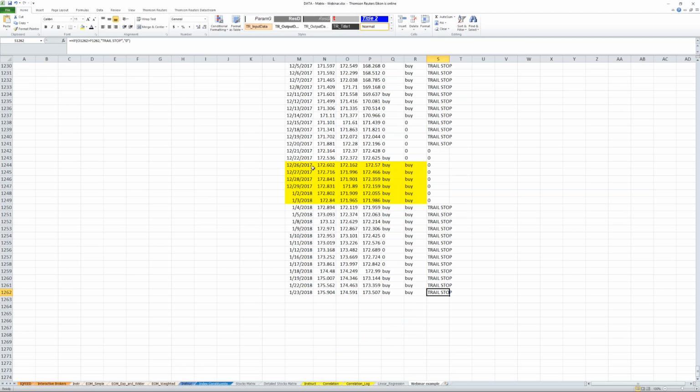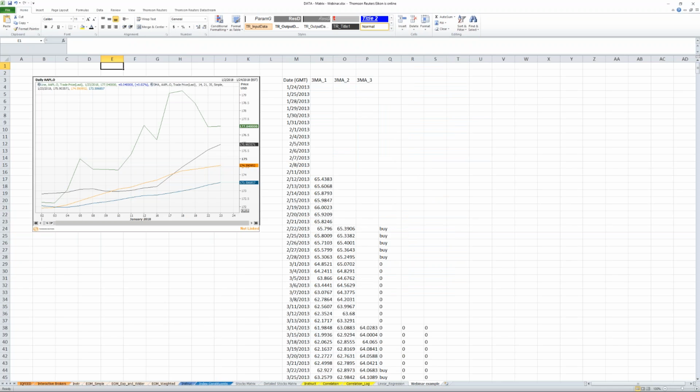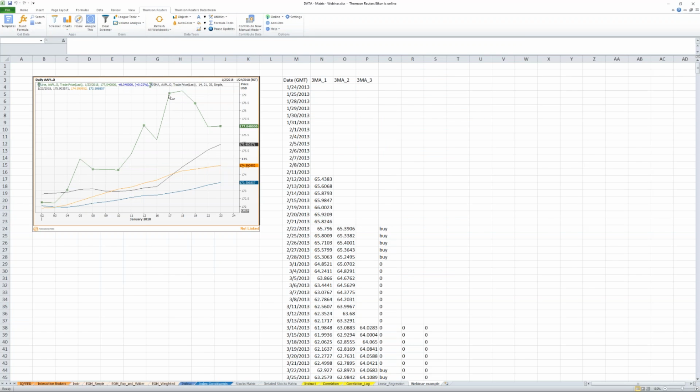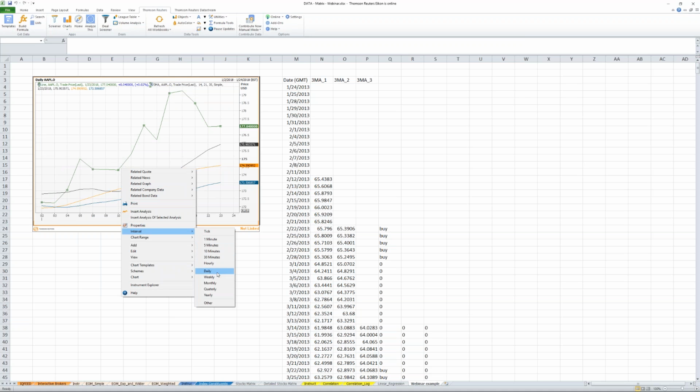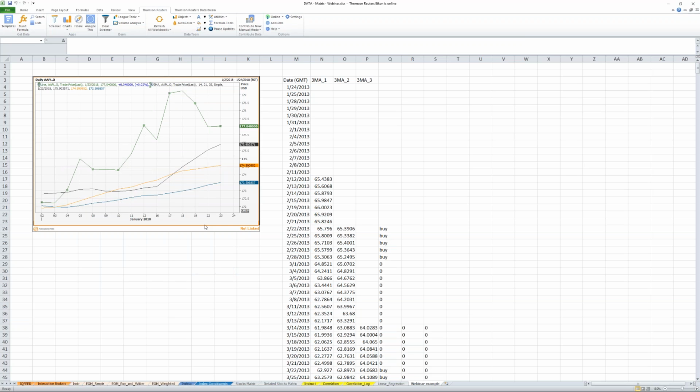So for example, I would have gone long, or this system would have purchased, on December 12th, until the 3rd. So let me see. So the 12th. I can show you the interval. One second.